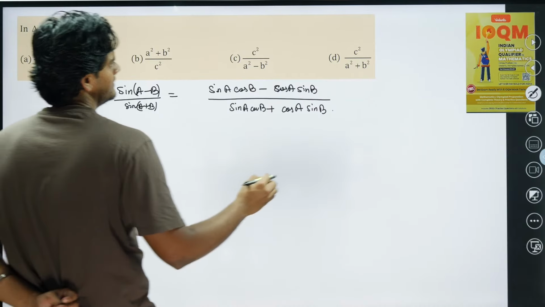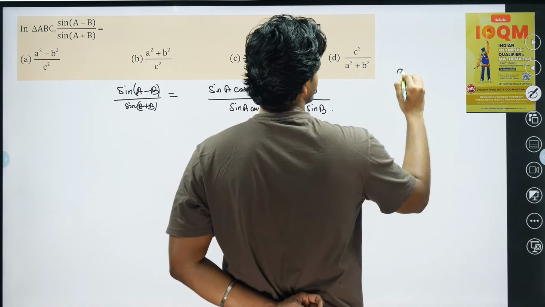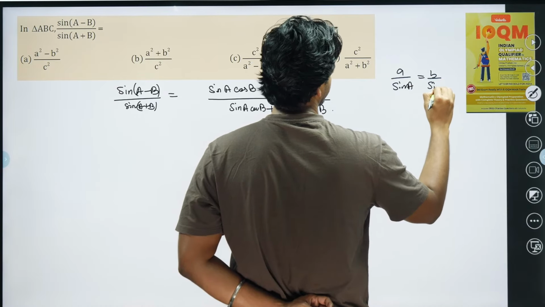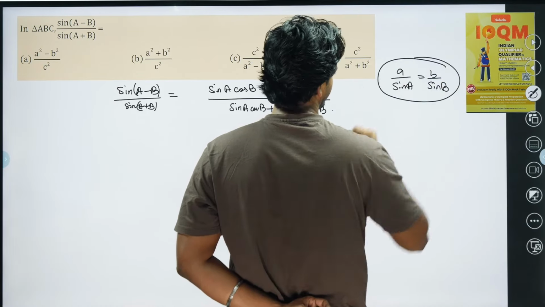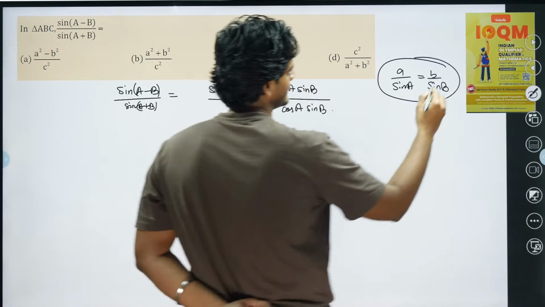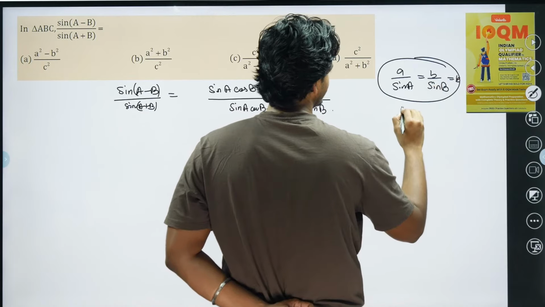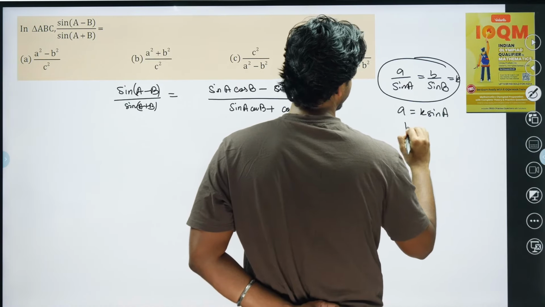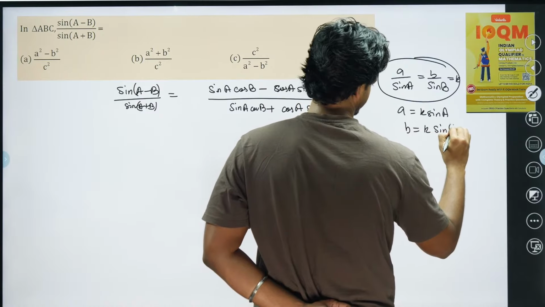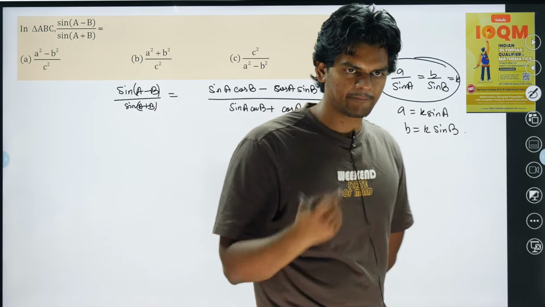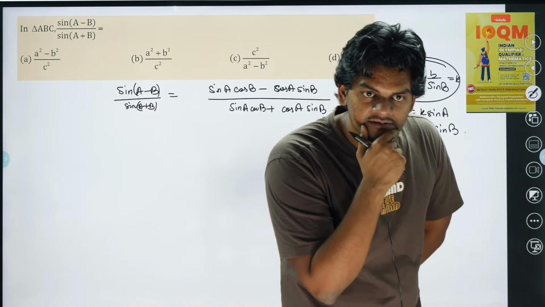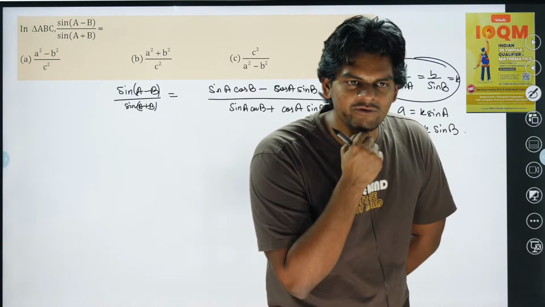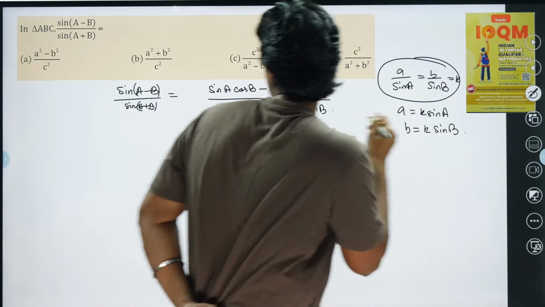You see, we have a by sin A equal to b by sin B, and this is equal to 2r, but we'll say some k. So a can be written as k sin A, b can be written as k sin B. We are not using sin C plus sin D formulas because we are in a triangle.